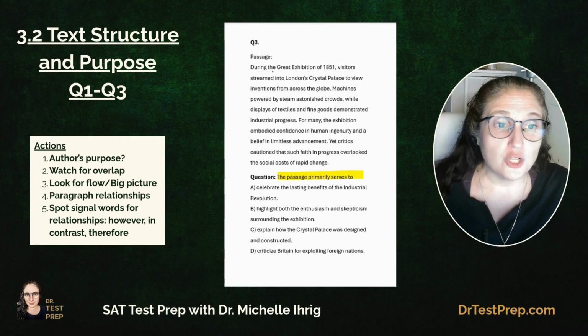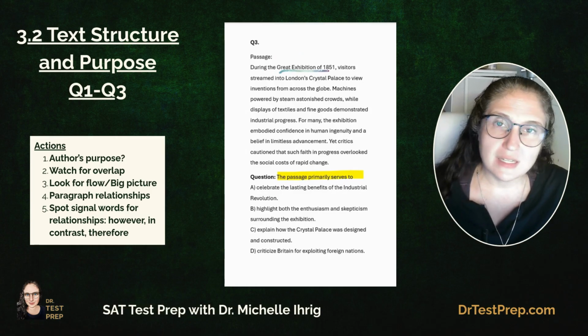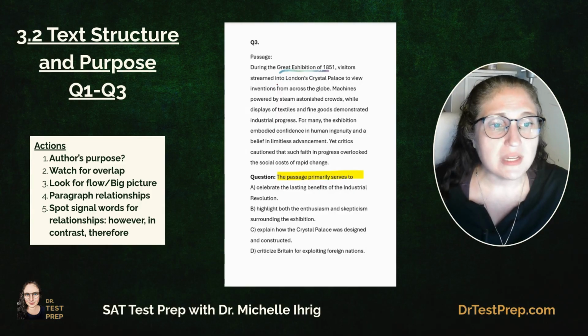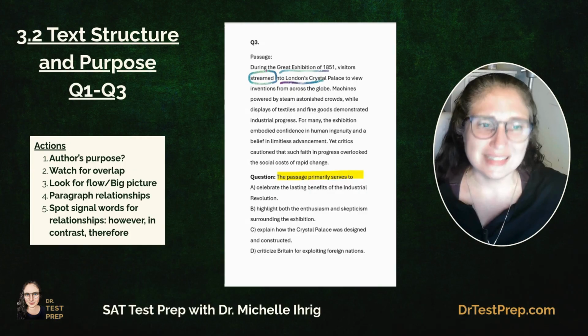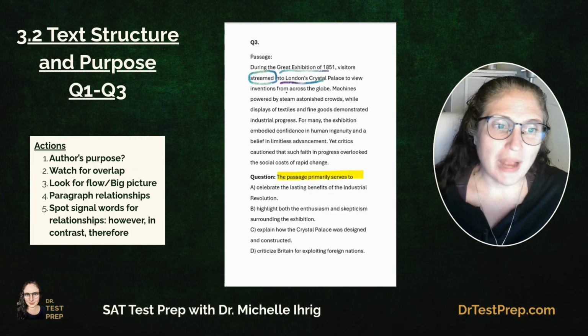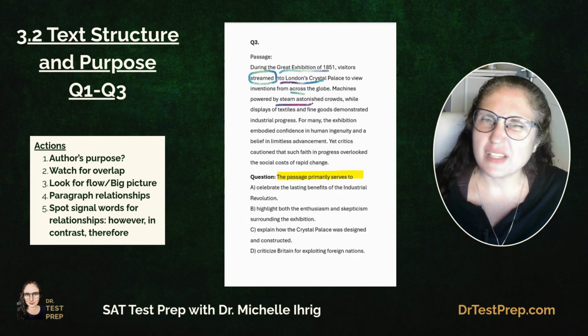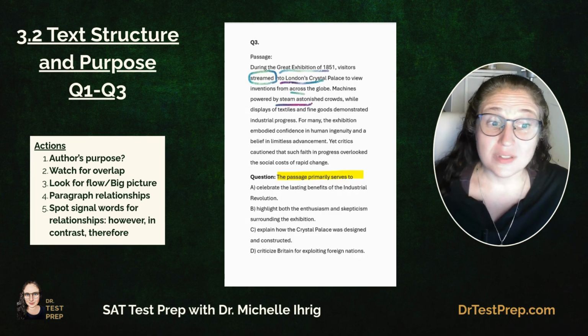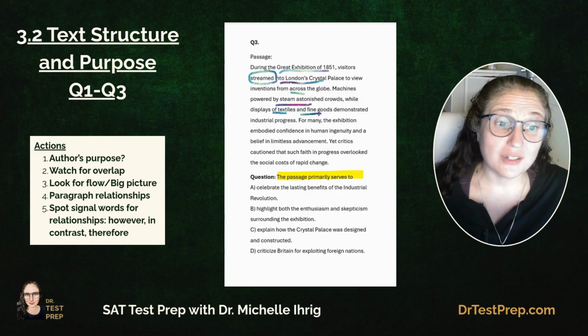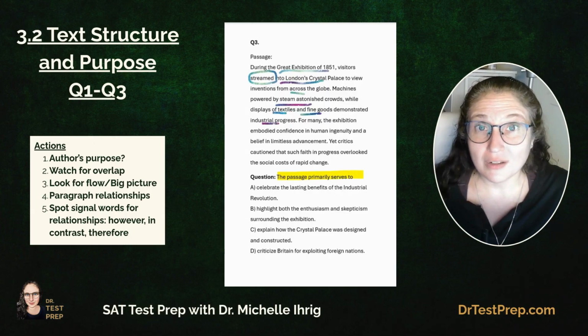All right, moving on. During the Great Exhibition of 1851, visitors streamed into London's Crystal Palace. Streamed means there's probably a whole lot of them. To view inventions from across the globe. Machines powered by steam astonished crowds, while displays of textiles and fine goods demonstrated industrial progress.